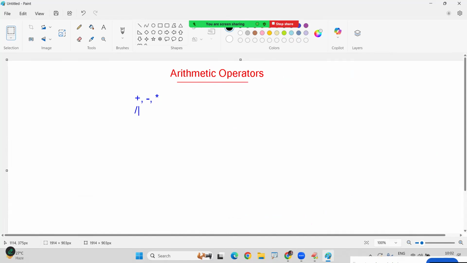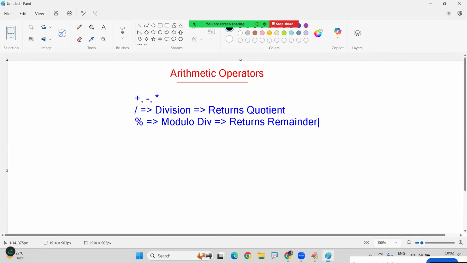But these are division, it returns quotient, and mod, it's called modulo division, it returns remainder. Modulo division returns remainder.